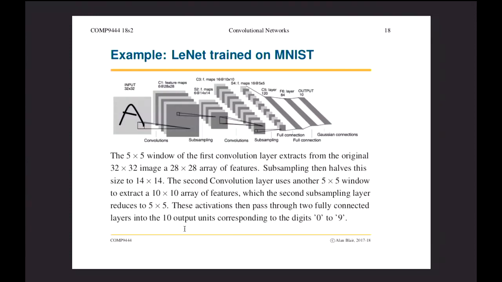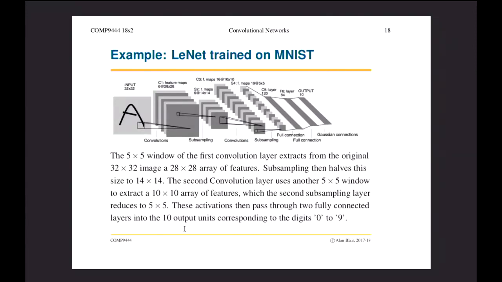Remember, this input image is 32 by 32. Each filter just looks at a sub-portion of the image that's 5 by 5. That gives you activations that are 28 by 28, and there are 6 of them. So far we've looked at this part.